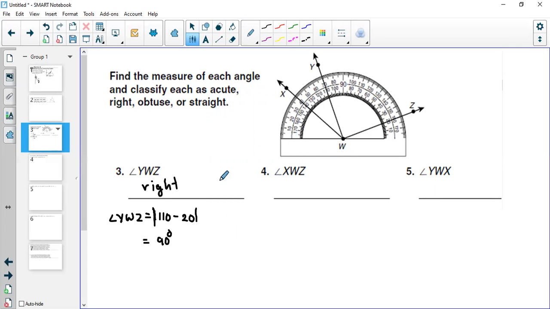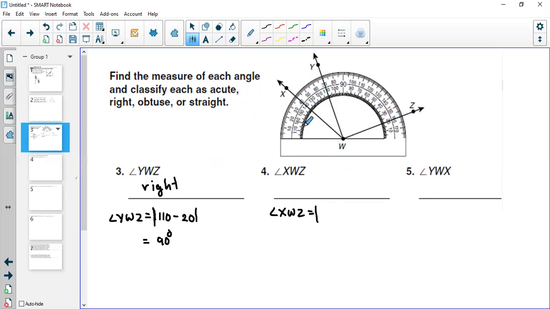Okay. Angle XWZ. As soon as you see, you can see that it's an obtuse angle. But ask the question, is any one of the hands on 0? Again, no. So you have to subtract. Angle XWZ, put the absolute values. So where is one hand?